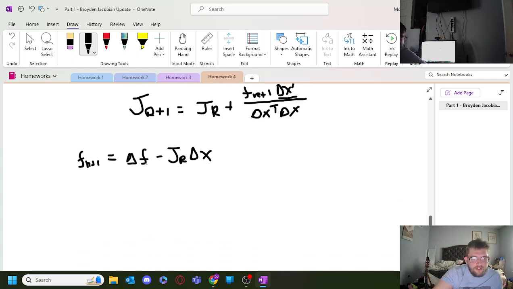So first let's break this down. Delta f is just f k plus 1 minus f k. Then let's break down our delta x. Or well, let's leave that there, actually. Because all delta x is just x k plus 1 minus x k.